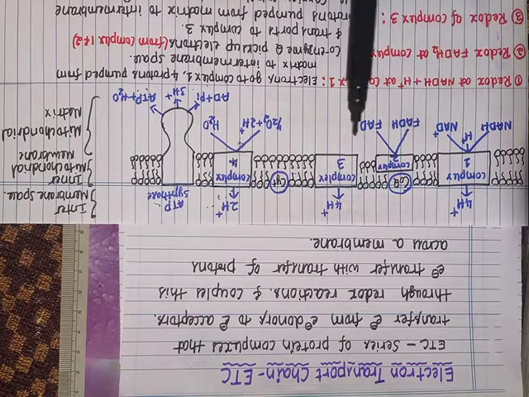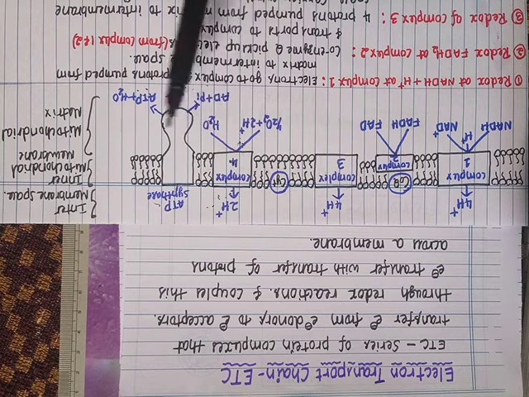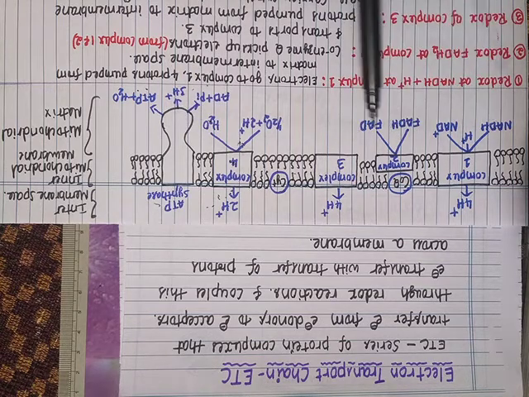This common metabolic pathway for the flow of electrons from a reduced substrate to the oxygen molecule is known as the electron transport chain.